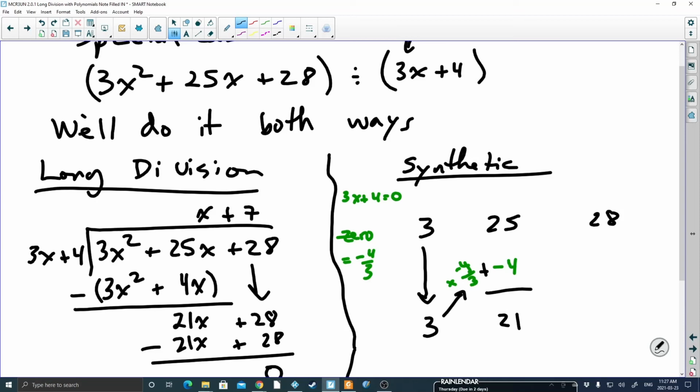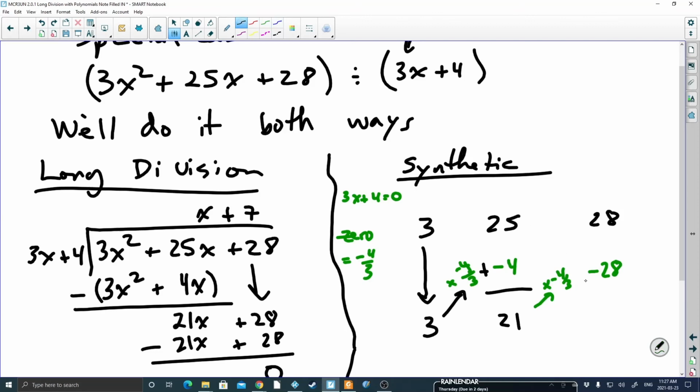Okay. And then I'm going to multiply again by negative 4 over 3. Now 21 times negative 4 over 3, well 21 divided by 3 is 7. 7 times negative 4 is negative 28.